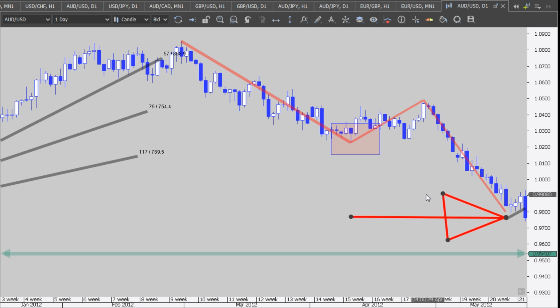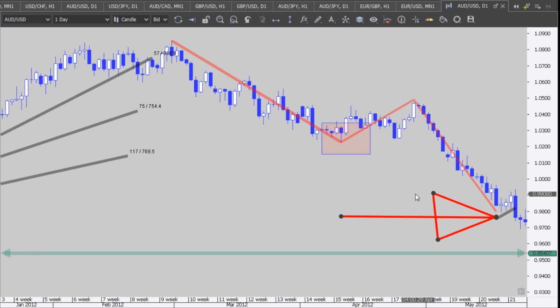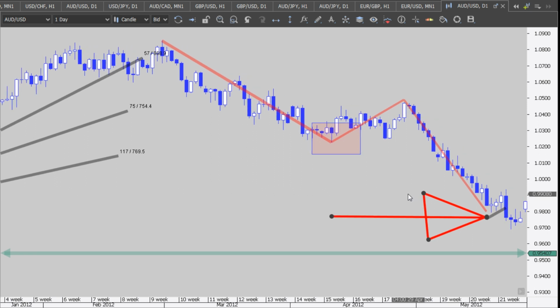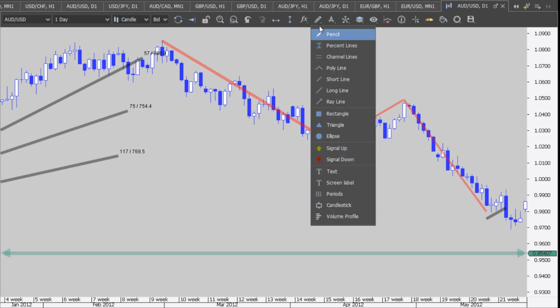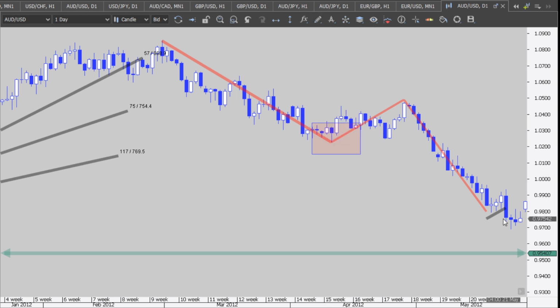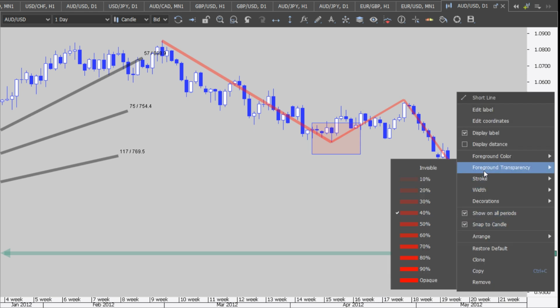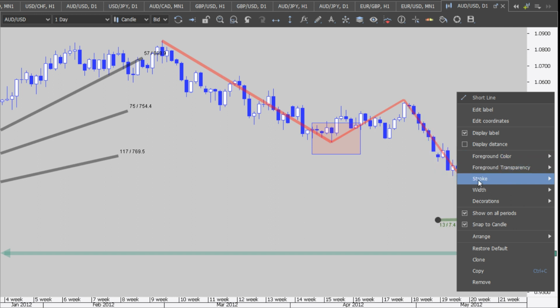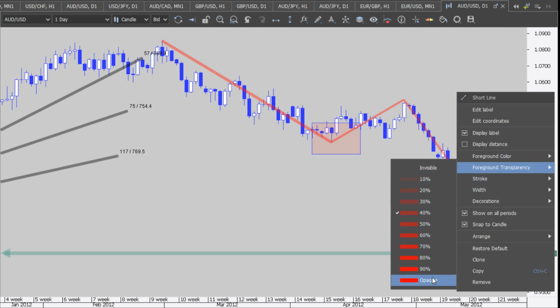Let's see what is going to happen. One more. Whoops. Where did we enter? Well, we entered when the candle closed, right? So we entered here. Where is the green? There you go.